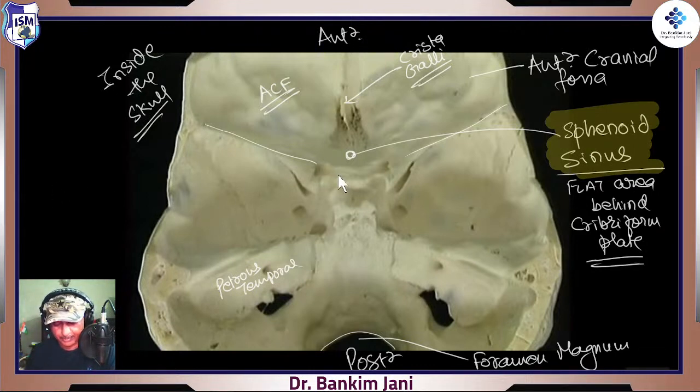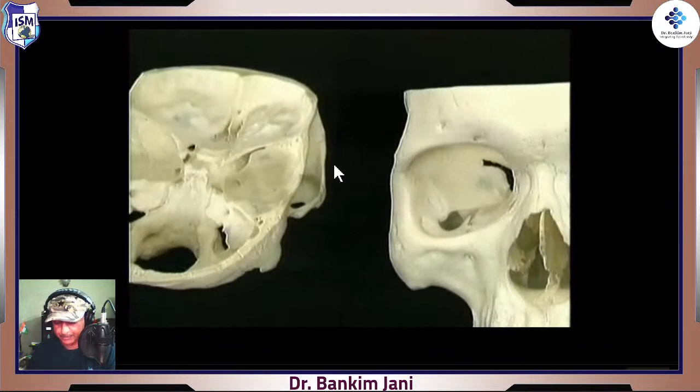All right, next one. See this. This is so important. Some of the structures look so complicated, but in reality they are much easier. We are now dealing with sphenoid bone, right?